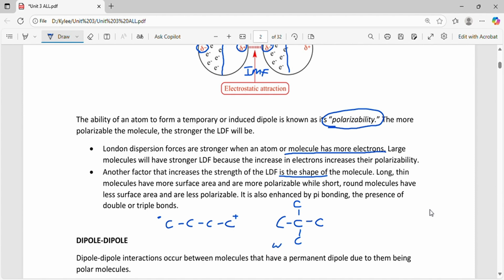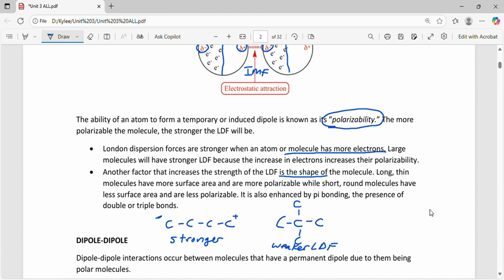So this would have a weaker LDF because of its shape. This one is going to have a stronger LDF. And again, because of the shape, we're going to have more opportunities for there to be a distinct positive side and a negative side. Again, this is called polarizability. So if I increase my polarizability, I can increase the strength of the LDF.